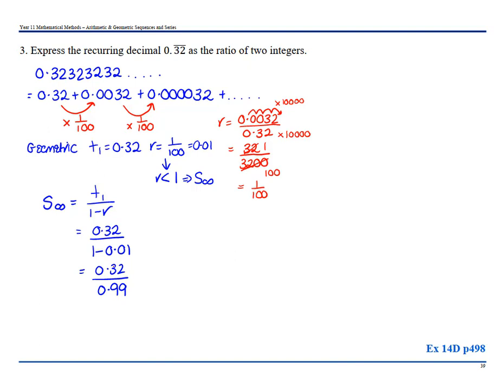And you can see why I went to decimals. So if I times the top by 100, do the same to the bottom, I have 32 over 99. Now, if you go to your calculators to check it, 32 divided by 99 is 0.32 recurring.